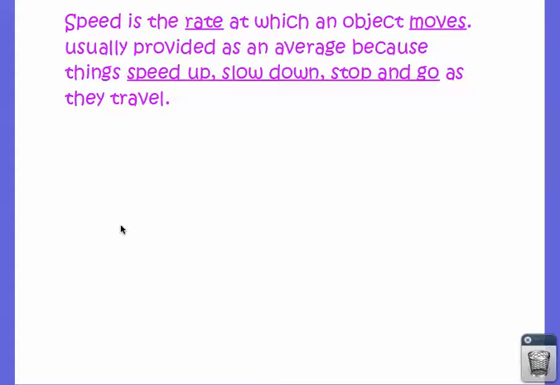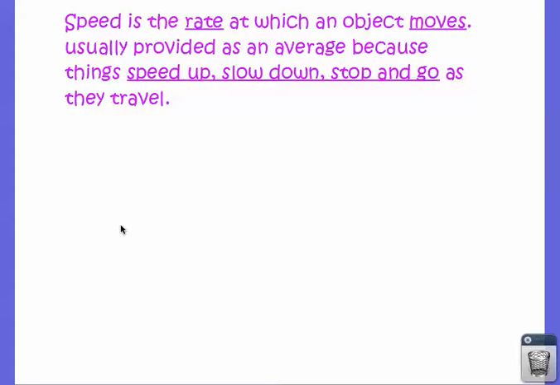It's something over time. Now, when we talk about speed, we talk about average speed, and that's because things constantly speed up, slow down, stop, and go. When I come into work every morning, I don't jump into a car that's traveling at 55 miles per hour. I instead get into a car that's already at a stop, and then I start to go, and I'm going to run into some stop signs, so I'm going to have to slow down and ultimately come to a stop, and then start going from there.